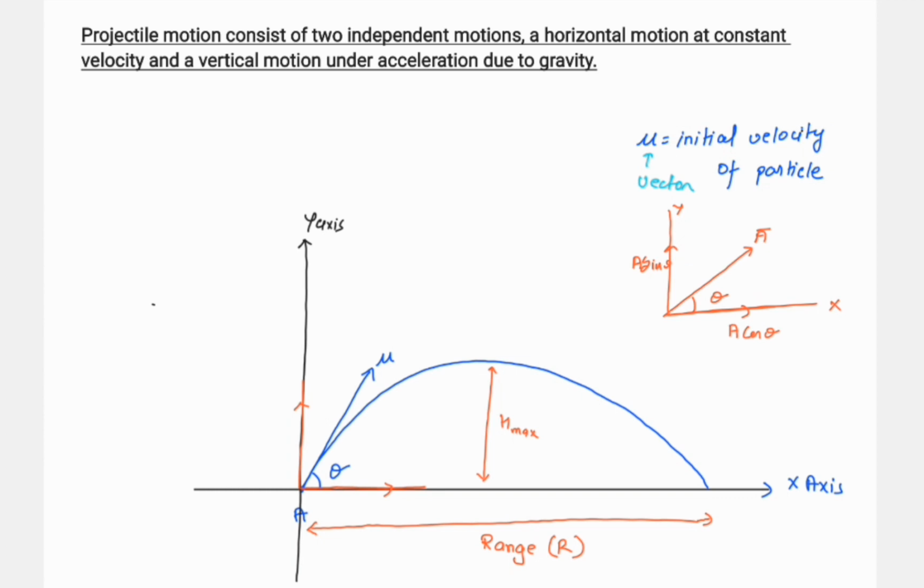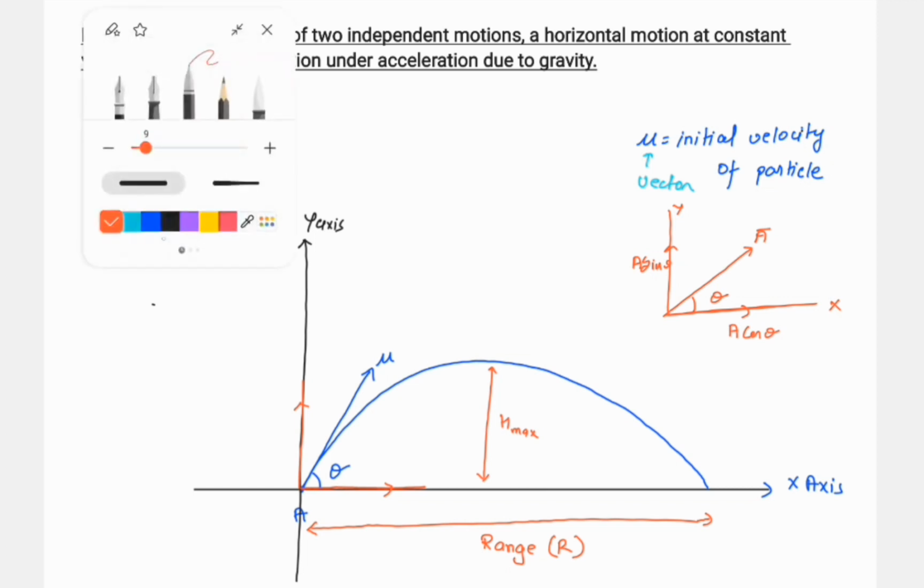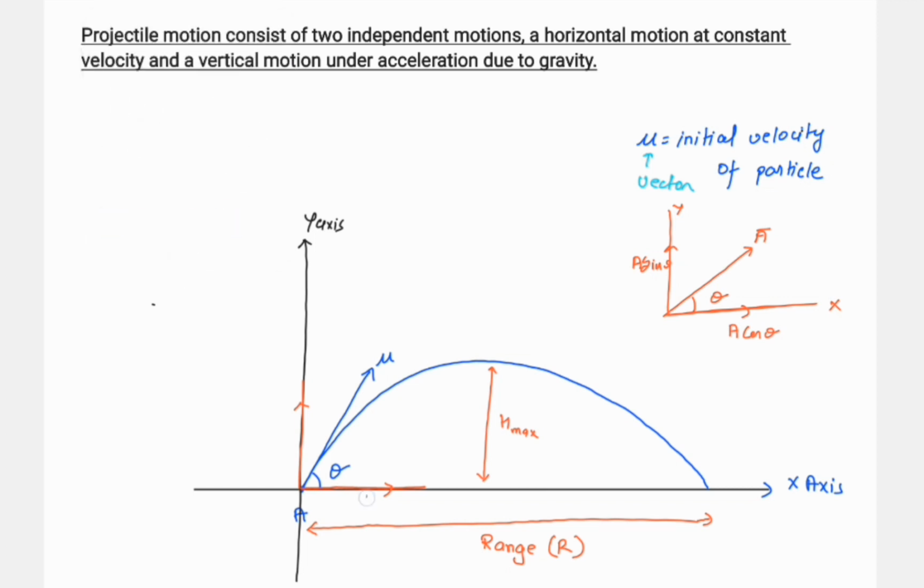Similarly, I am going to find the x-axis component and the y-axis component of the initial velocity vector u. This is going to be u cos theta, and this is going to be u sin theta. Is it okay?